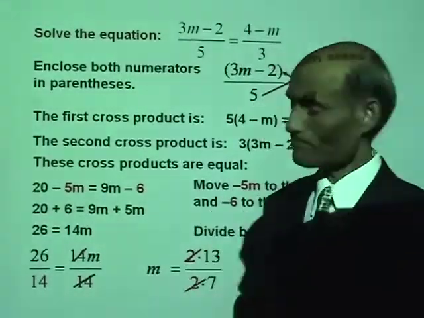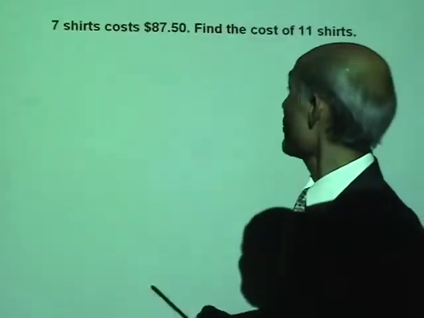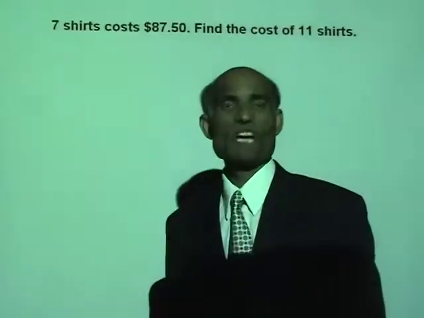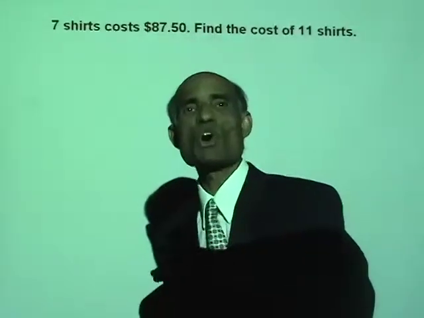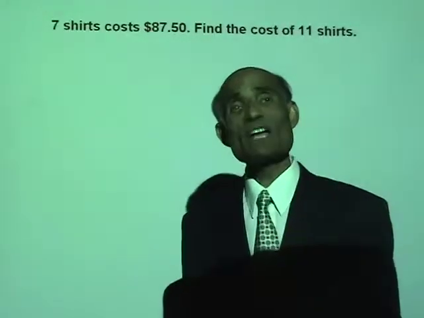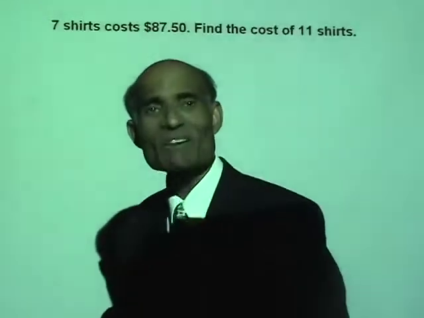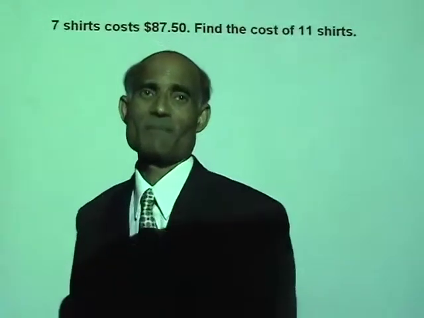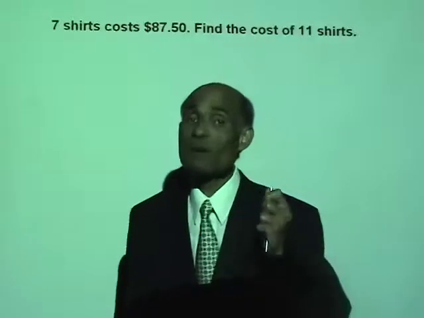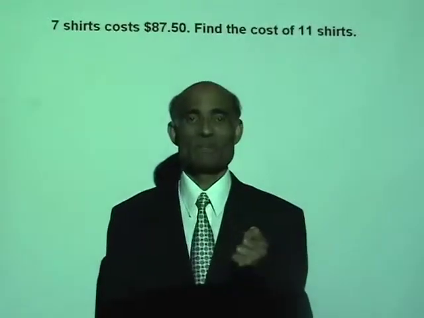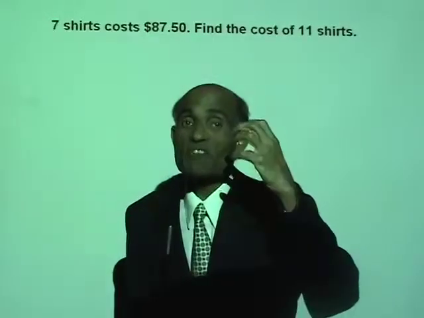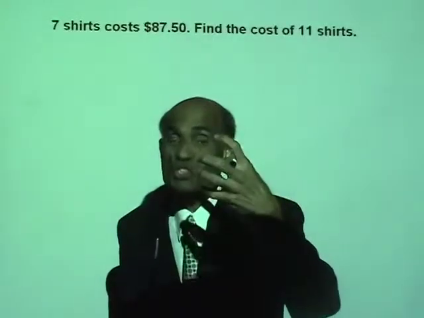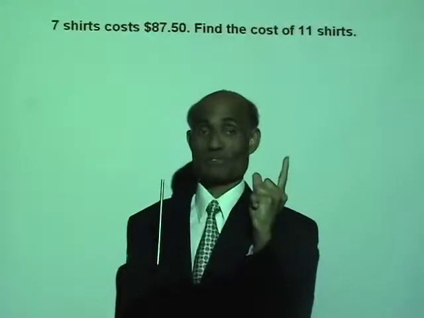Okay, let's try another one. 7 shirts cost $87.50. Find the cost of 11 shirts. Well, if you remember our ketchup problem, we took a ratio there so that we can find the cost per ounce.